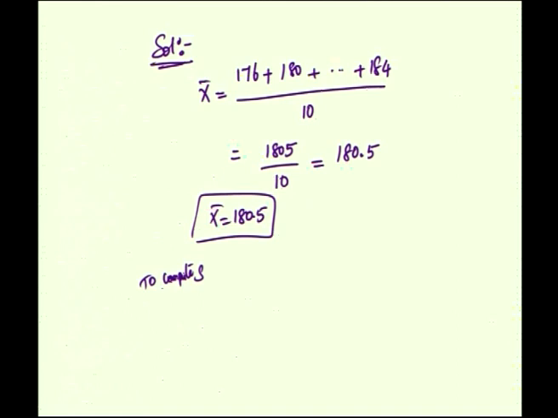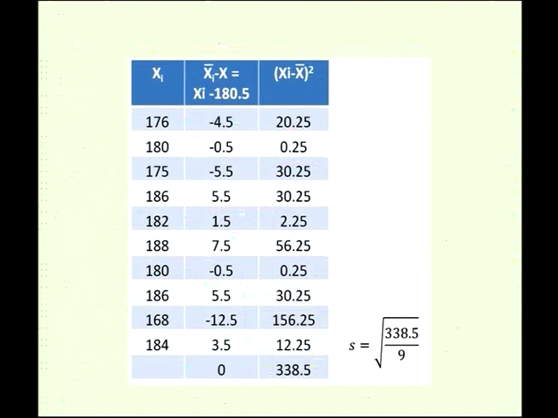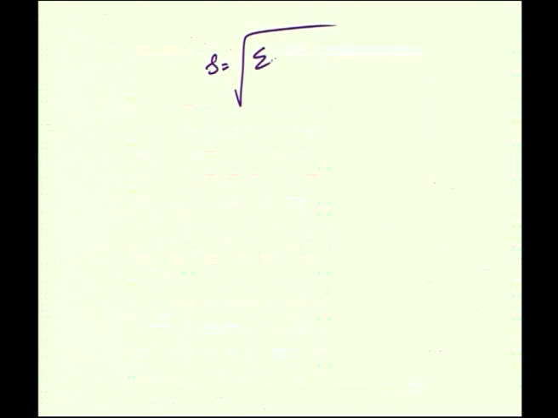To compute s, x is taken first, then x minus x bar is taken, which is x minus 180.5, and x minus x bar whole square is taken. All these values are calculated and s is equal to root of summation x minus x bar whole square by n minus 1.